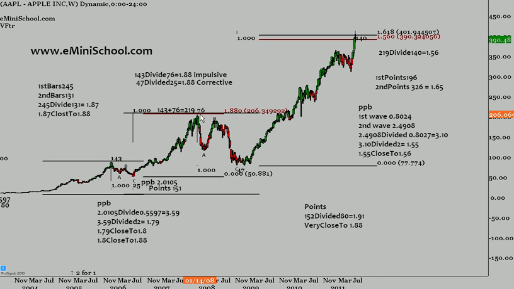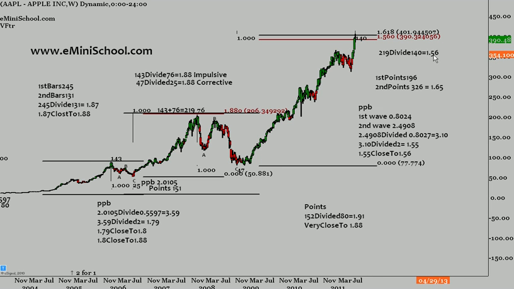Just like we had 1.88 here, because at this point this was the whole wave up, now we've made a new wave, so this high into this low to this high is the whole wave up. So 219 into 140 equals 1.56.